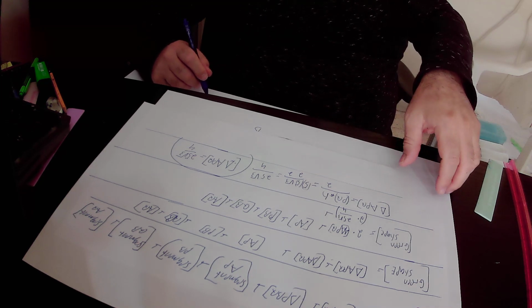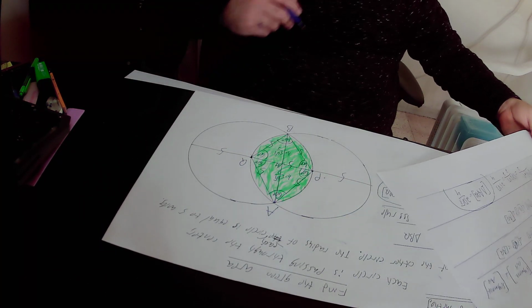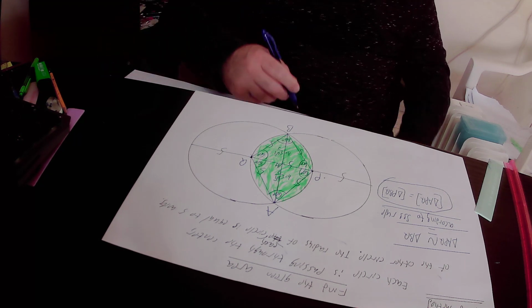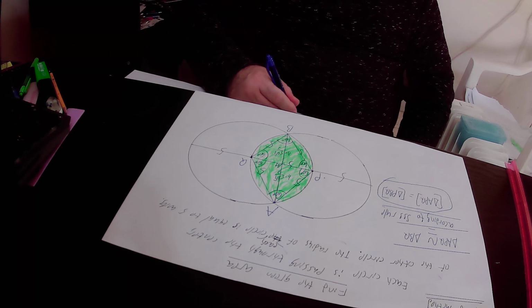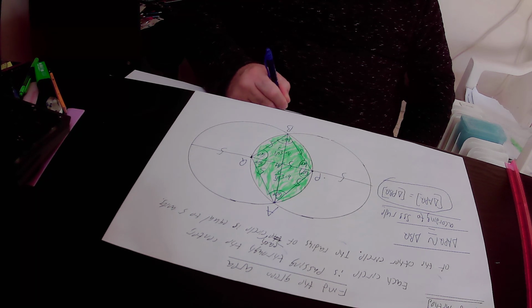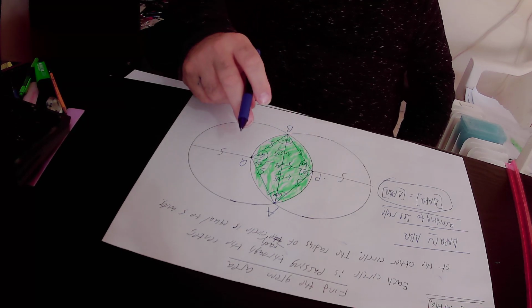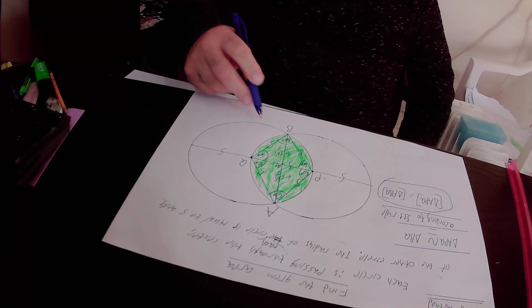And what is the area of segment AP? The area of segment AP equals the area of sector AQP minus the area of triangle AQP.